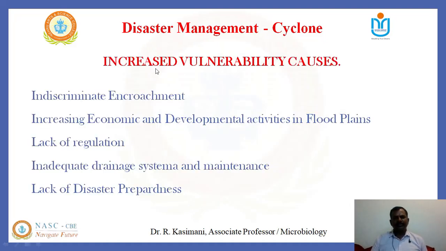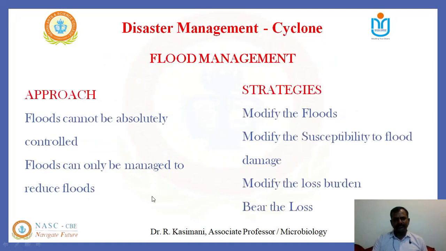So what are the vulnerability causes? First is the indiscriminate encroachment, increase in economic development activities in the floodplains, lack of regulations, inadequate drainage systems and maintenance, and lack of disaster preparedness.